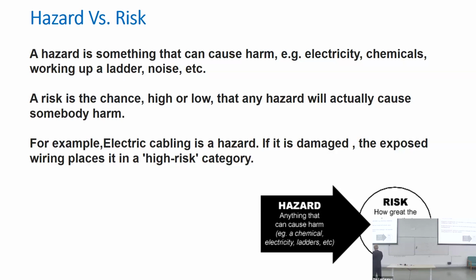Risk is how great the chance is that someone will be harmed by the hazard. That is what is important. The hazard here is the damaged electric cable, and we have to look at the likely risk if that exposed cable is touched. That could ultimately be a fatality. It is called a high risk category.